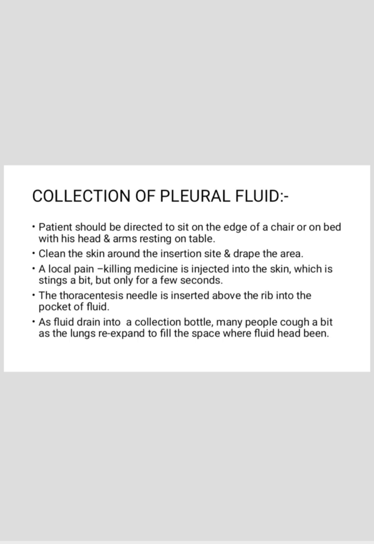Now we will discuss the collection of pleural fluid. First of all, the patient should be directed to sit on the edge of a chair or on a bed with his head and arms resting on a table. Clean the skin around the insertion site and drape the area. A local pain-killing medicine is injected into the skin, which stings a bit but only for a few seconds.